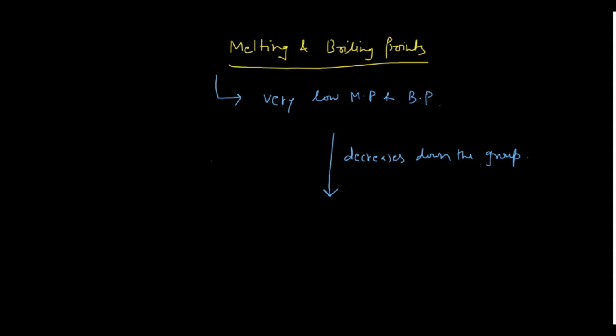The reason for their low melting and boiling point is the presence of weak intermetallic bonds. For example, if you are having K2 or Na2, in the case of two Na atoms, there would be a metallic bond, and only one electron is involved, so this metallic bond is very, very weak.